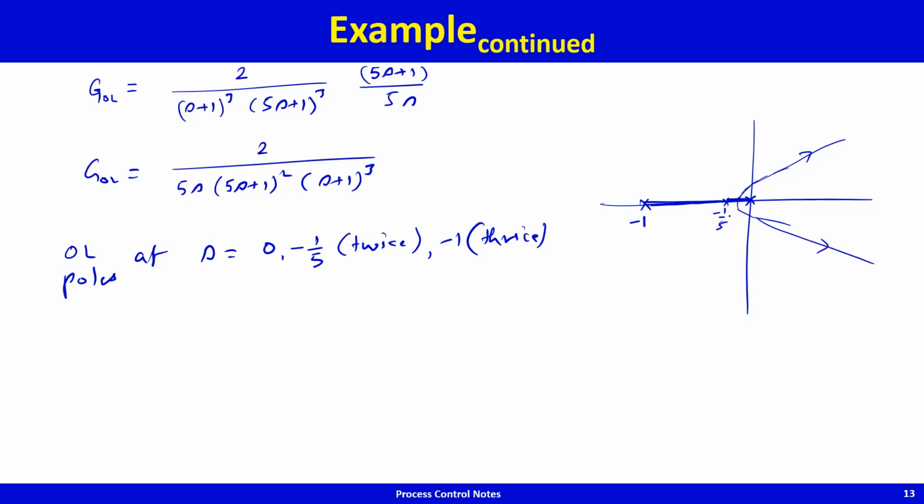So you've got one branch that went here, another branch will start going here, and you've got 3 roots here. So 3 branches, 1 2 3, and a fourth branch from here, so 4 branches will go toward each other.